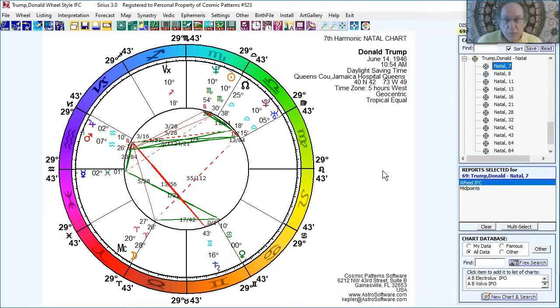What does it mean? Mars, Jupiter, Uranus, Pluto in 7 vibration. If you've been studying vibrational astrology for a while, you know I made a series of videos on athletes. The greatest athletes, Michael Jordan, the great basketball player, all these great athletes, and they have these kind of configurations.